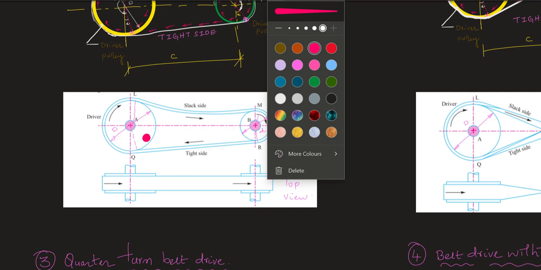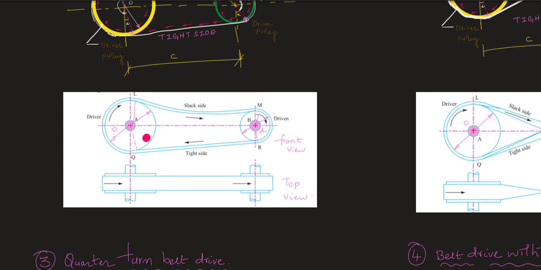Let me color this. Here you can see this one is a pulley, which is a driver pulley, and this is also a pulley, but this is a driven pulley, and both these pulleys are mounted on a shaft.